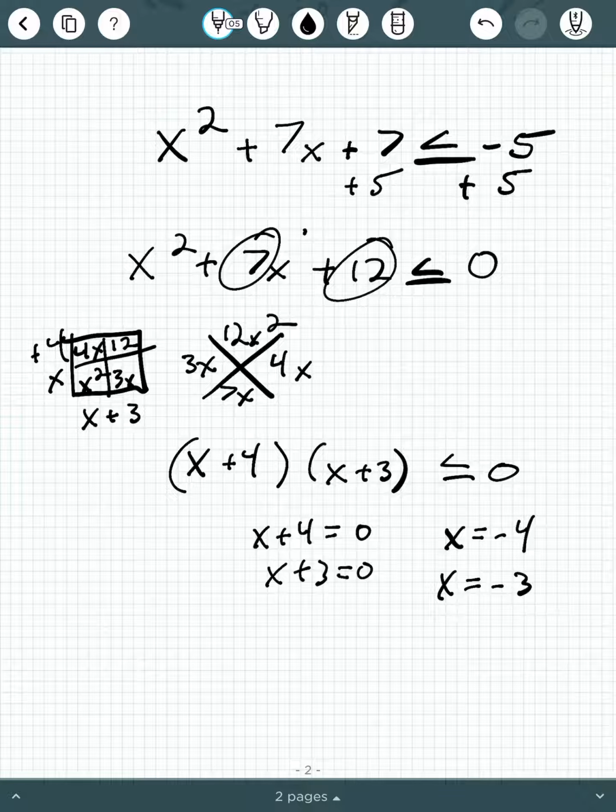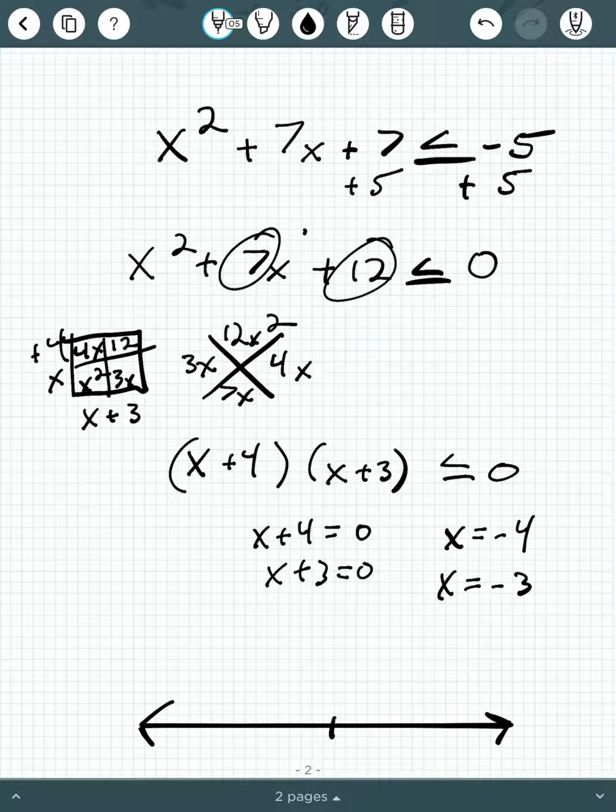The last step is to get on that number line this time. I still like to know where 0 is, but we're going to be over at -3, and then right next to it at -4. Now, you know what, let's go by 2 so we have a little space there.